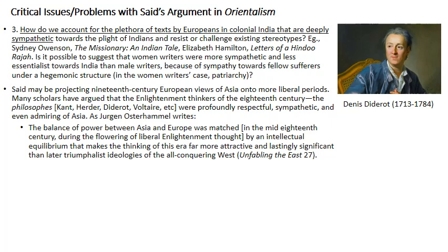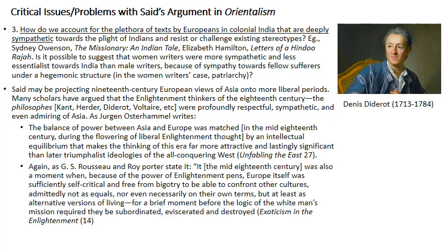The balance of power between Asia and Europe, during the flowering of liberal Enlightenment thought, was matched by an intellectual equilibrium that makes the thinking of this era far more attractive and lastingly significant than later triumphalist ideologies of the all-conquering West. So, Jürgen Osterhammel is saying that Said is backward projecting 19th century triumphalist ideologies onto earlier centuries, including the 18th century, which need not have been as triumphalist in its depiction of the East.